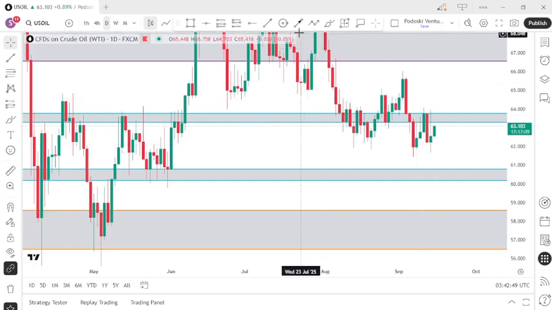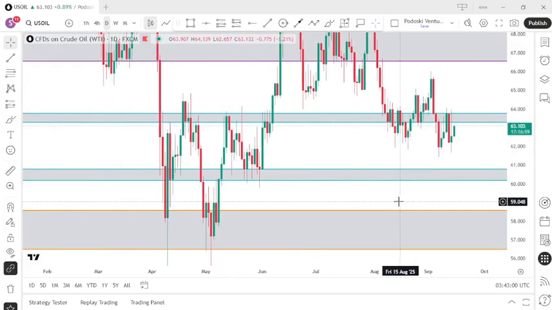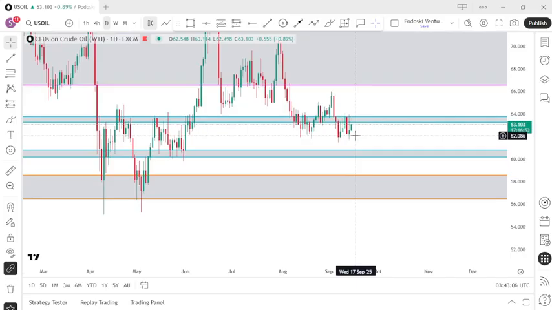From the daily time frame, I have my daily midway zone here, my daily lower zone here. You see price is just moving to the downside, creating a series of lower highs and lower lows.